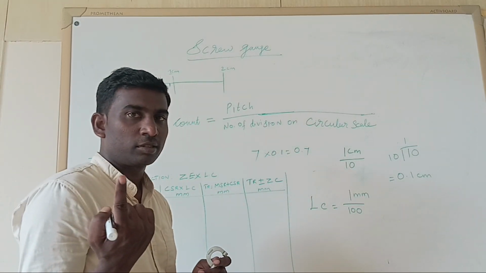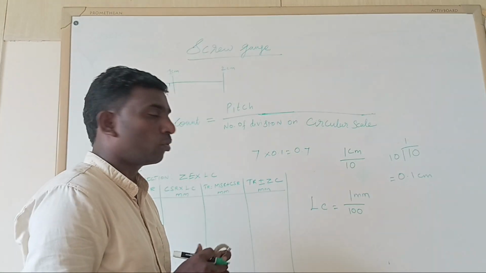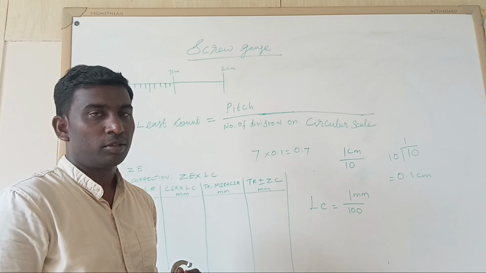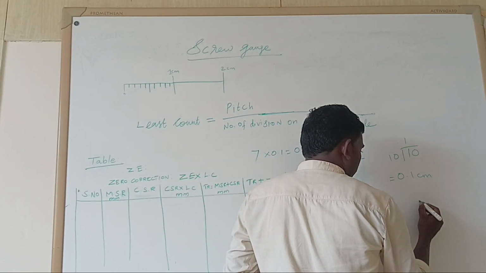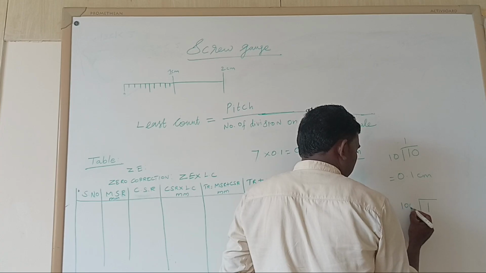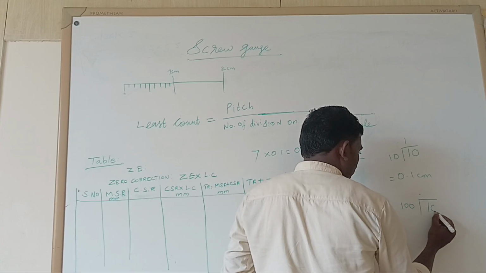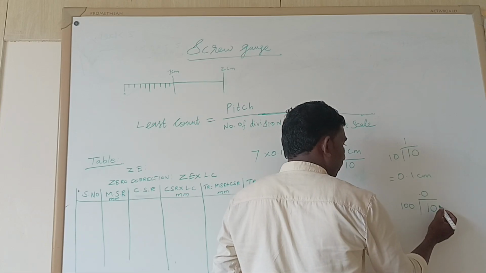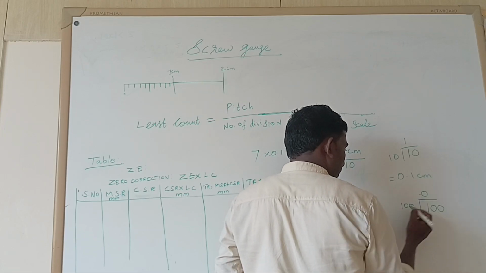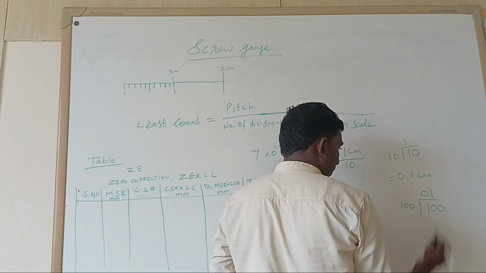One line is the least count. One line is 1 millimeter by 100. I add a point and a 0, 10 is not enough, so I add another 0, and another 0 for 100.